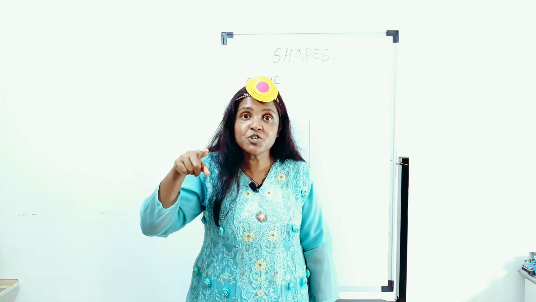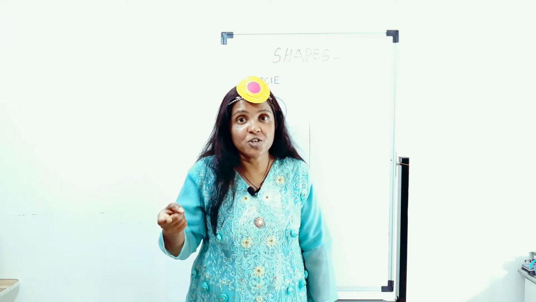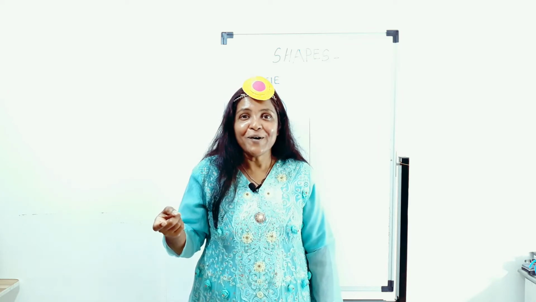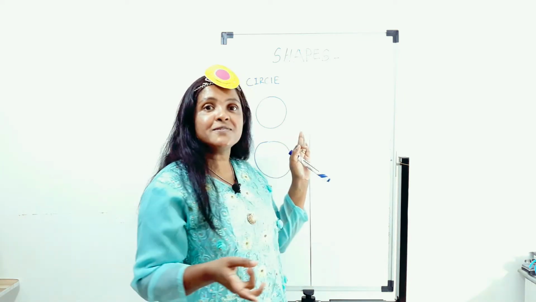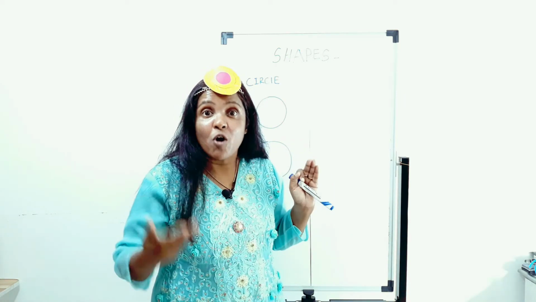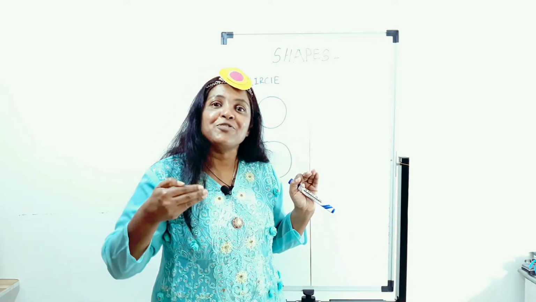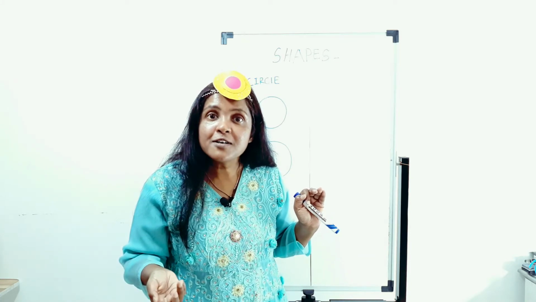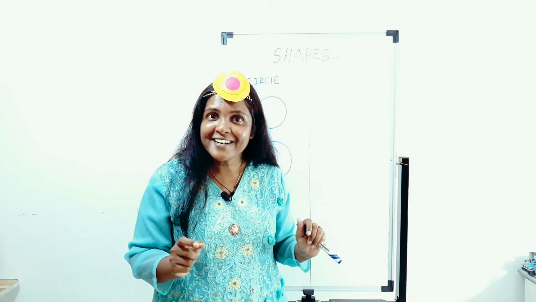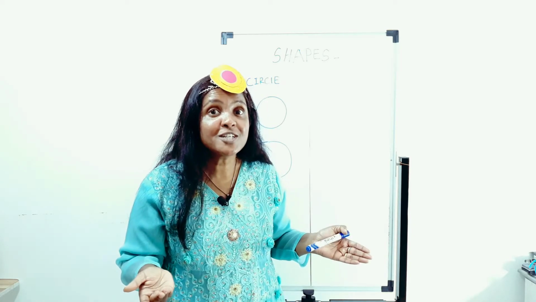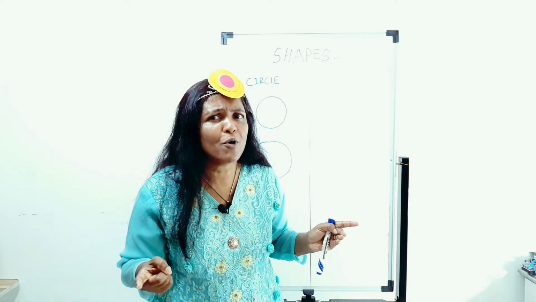But actually the shape is sphere shape. Okay, now we all know how to draw circles and the song about circle and the real life examples for circle. We'll take a short break and we will learn about what we are going to learn next.